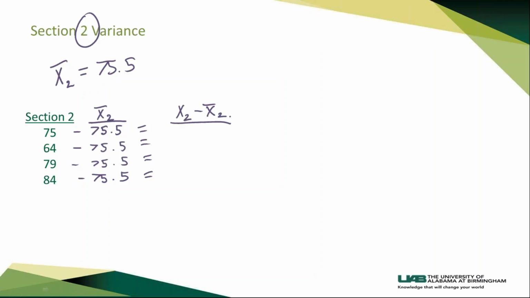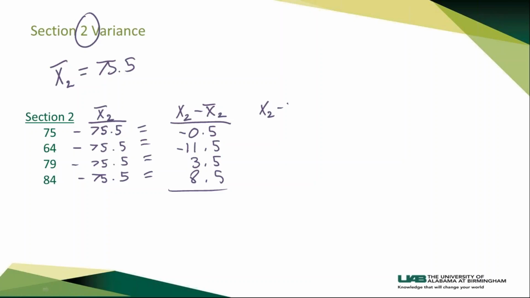Okay, so now we want the differences between our values and the mean for section 2. Again, that's going to give us a value of 0, so that's useless.